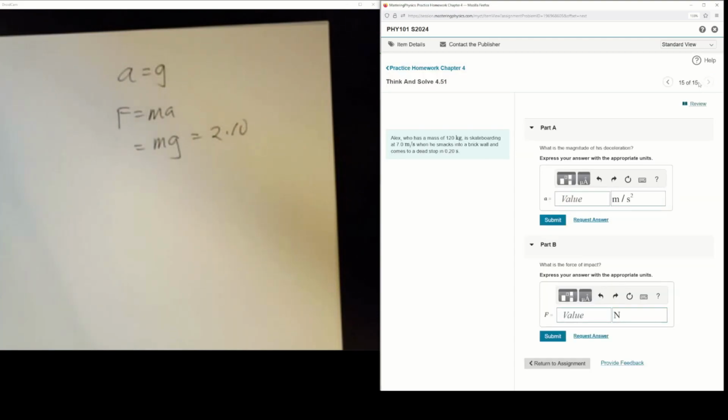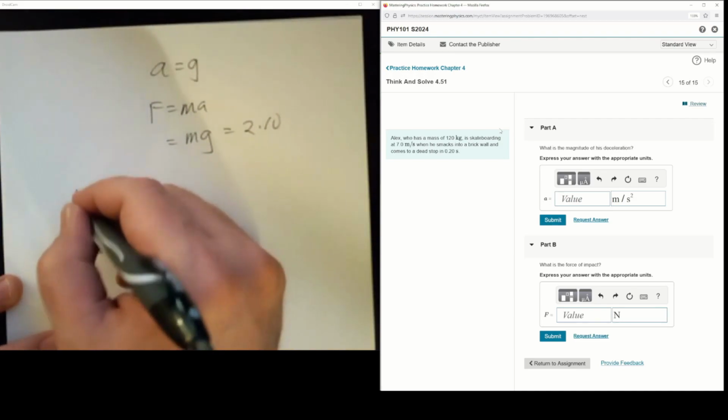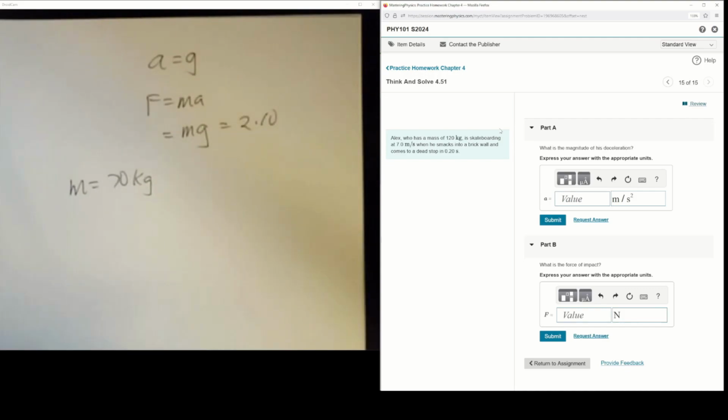And, let me get my keyboard back. A couple more values here. So what's this last one? We got Alex, who has a mass of 120 kilograms. So Alex, a pretty big person. The average mass of an adult is 70 kilograms, so Alex is a big person. He's skateboarding at that speed.